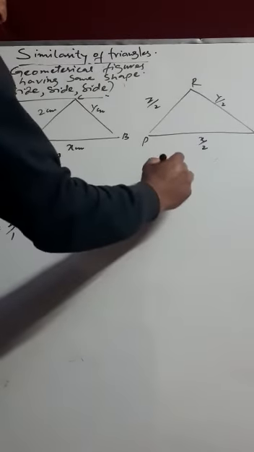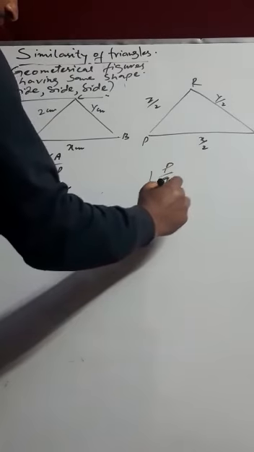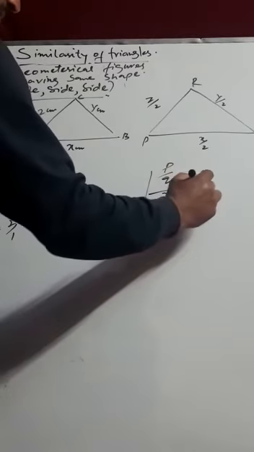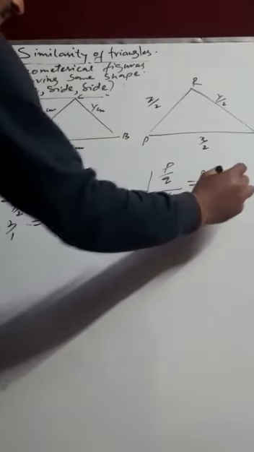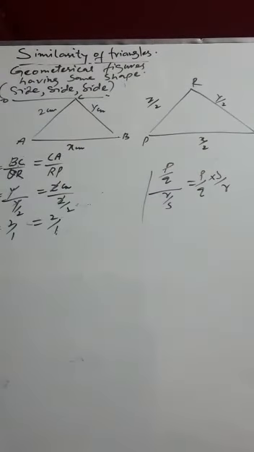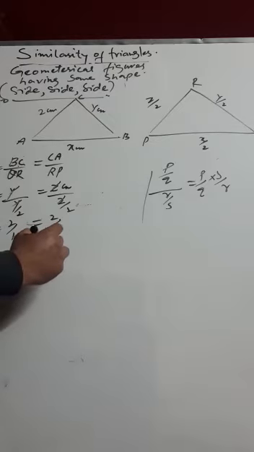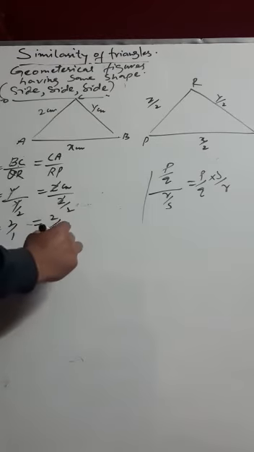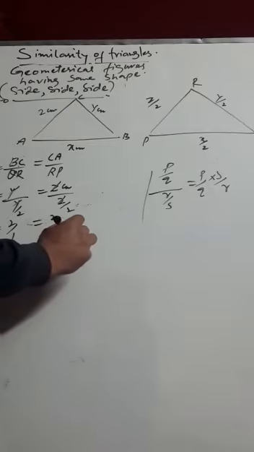As we know, P by Q whole divided by R by S is equal to P by Q into S by R. So it means triangle ABC is similar to triangle PQR.